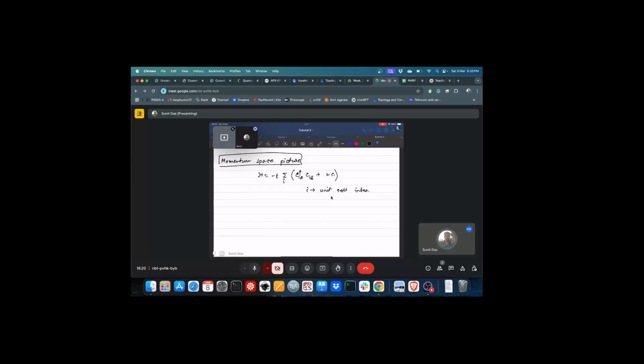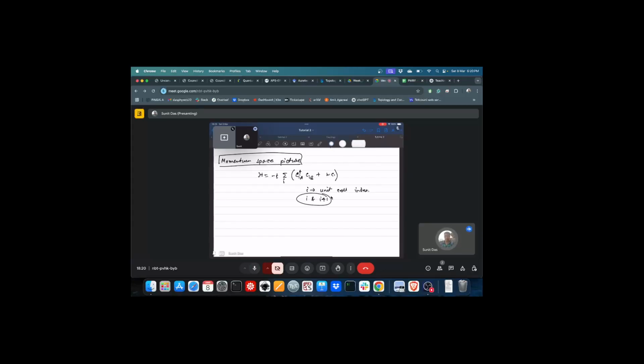Unit cell index. Okay, so if you see, there is no inter unit cell hopping. Whenever there is inter unit cell hopping, you will observe that there will be terms involving i and i plus 1, right?